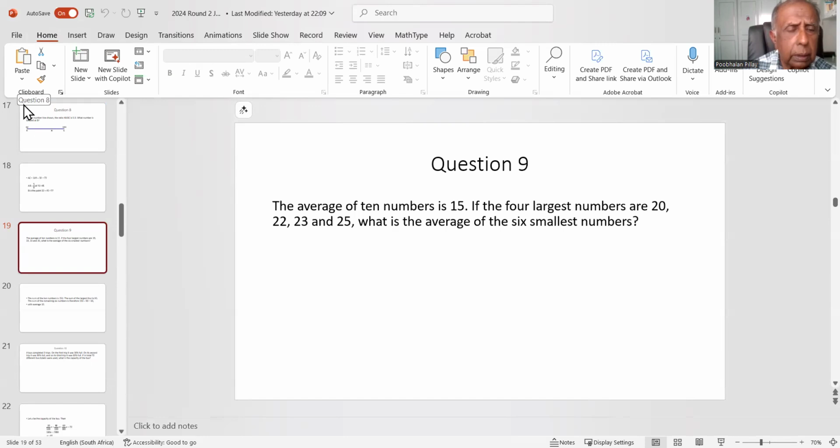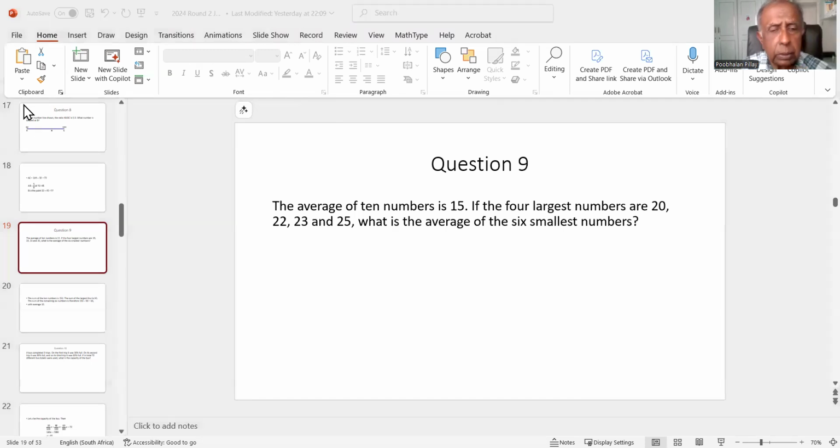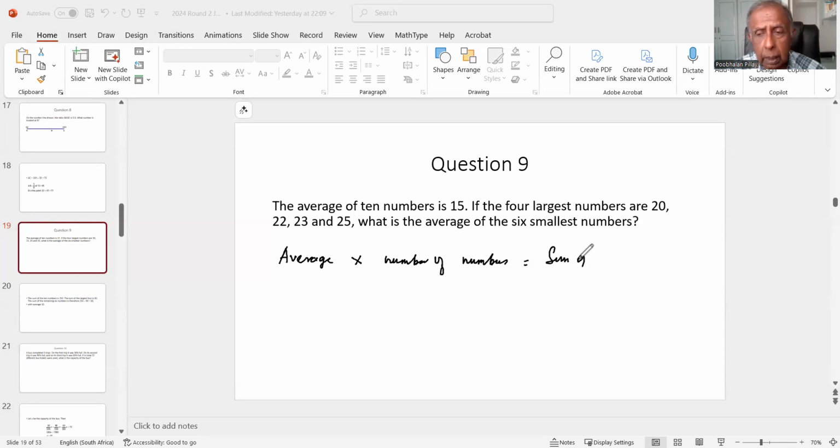Okay, these average sums, the most important thing regarding average is that average multiplied by the number of numbers is equal to the sum of the numbers. Very important fact.